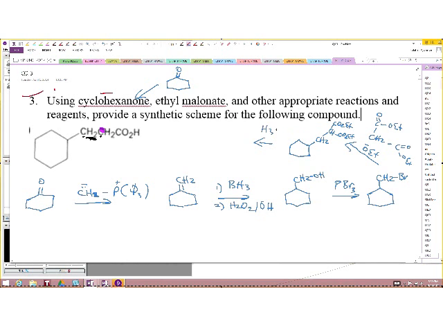Hydrolyze, okay. So that becomes, let's change the color here. Then you apply heat, and that becomes this here.